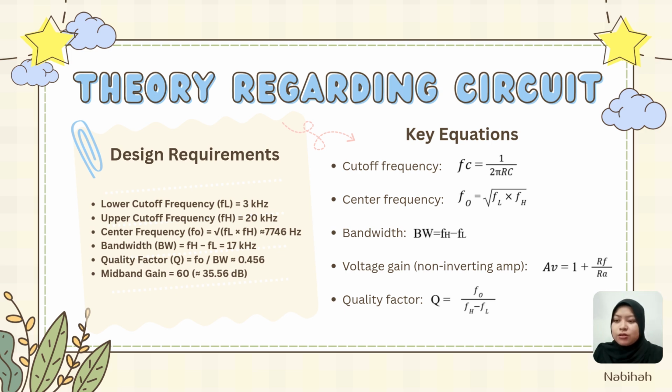The main equations used in the design include cutoff frequency Fc equal to 1 divided by 2 pi RC. Center frequency Fo equal to the square root of Fl multiplied by Fh. Bandwidth equal to Fh minus Fl. Quality factor is equal to Fo divided by bandwidth. The voltage gain for the non-inverting op-amp, AV, equal to 1 plus Rf divided by Ra.